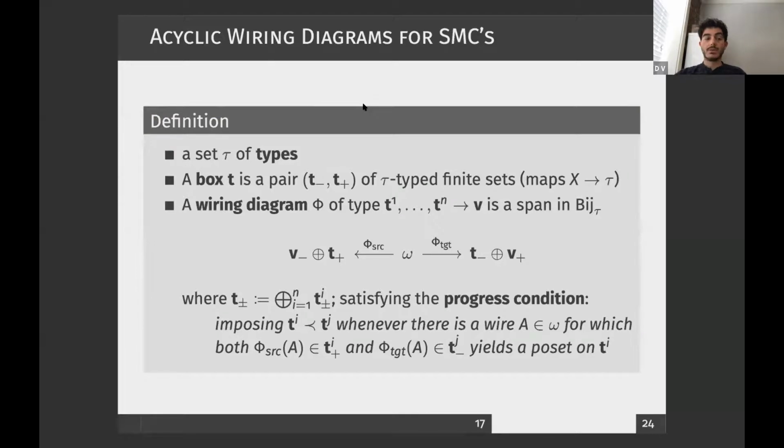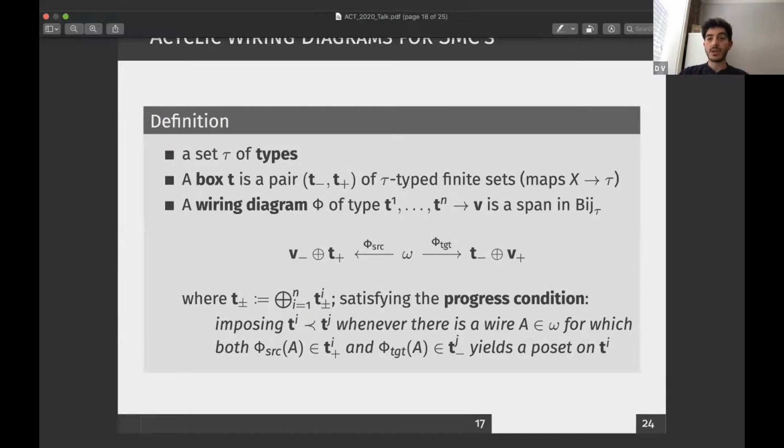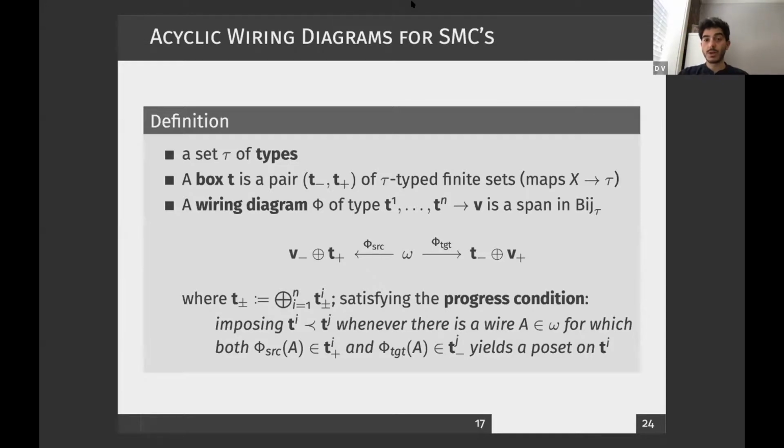Now we have the tools we need to define what a wiring diagram for a symmetric monoidal category is, which we call an acyclic wiring diagram. Given a set tau of types, a box is a pair of tau-typed finite sets. Those are just finite sets where each element is assigned a type.